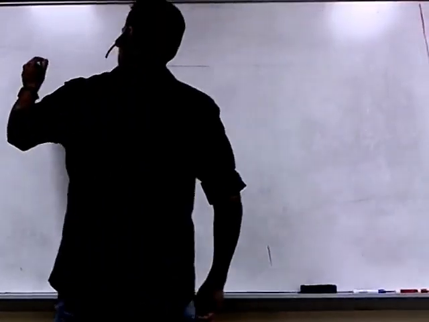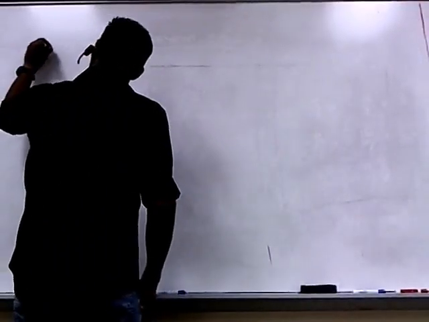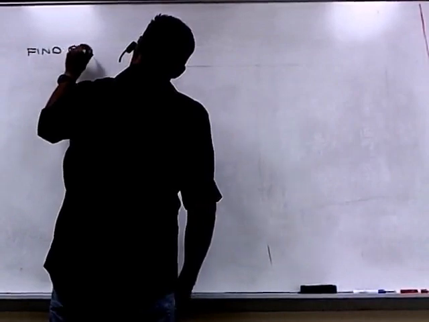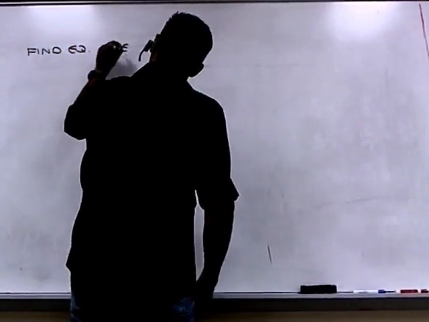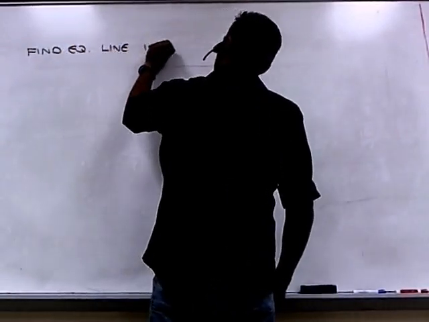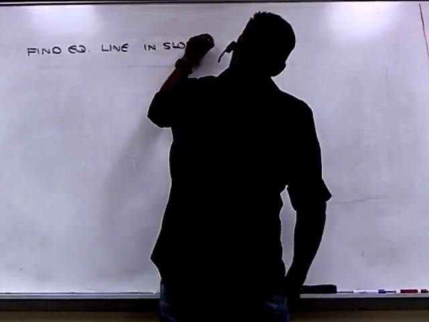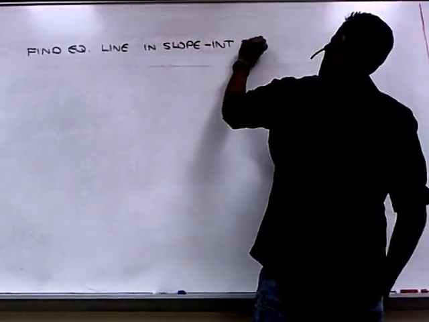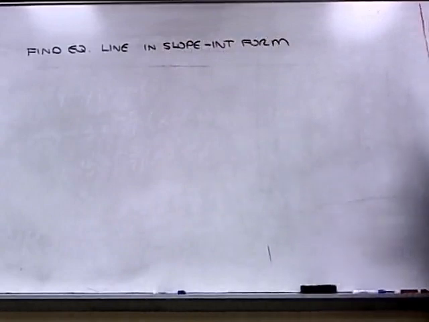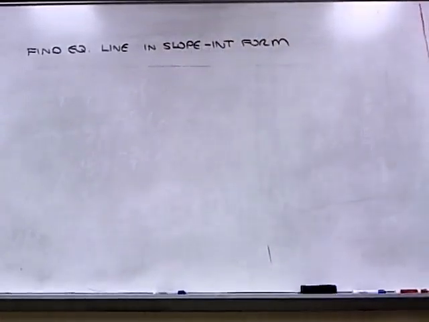All right, how about this one? Find the equation of a line in slope-intercept form. Which one is the slope-intercept form? When I say give me a line in slope-intercept form, which form am I talking about? y equals mx plus b, right?